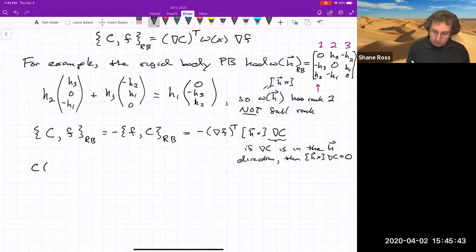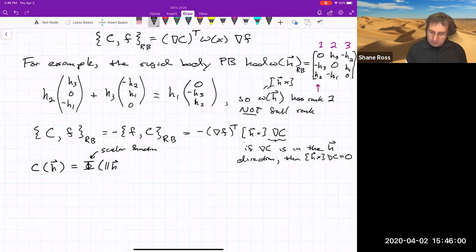Well, if you have any function of h bar, which is of the form, and I'll write phi is just some scalar function of the magnitude of h, or let's say the magnitude of h squared, then we would get a gradient of C, which is some scalar that could be a function of h times the vector h.